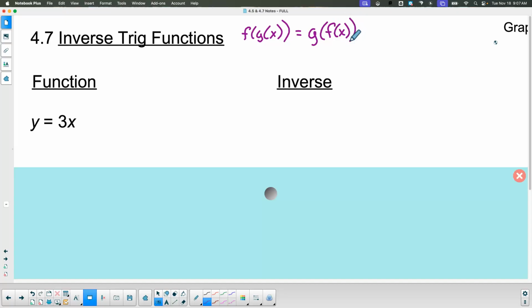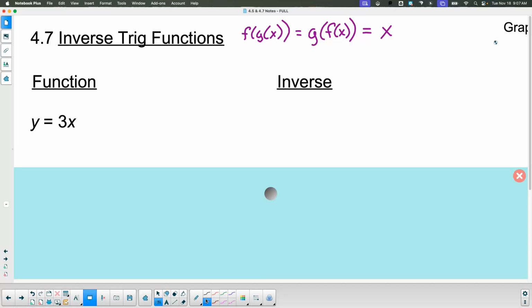Put f of x into g of x, and both of those will simplify down to just being x. Okay? That's true proving of an inverse, and you've got to prove both of them if you're proving an inverse. F of g of x has to equal x, g of f of x has to equal x. Okay? That's true proving of math.